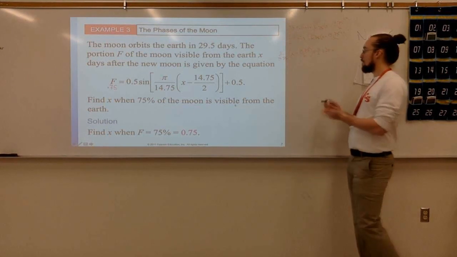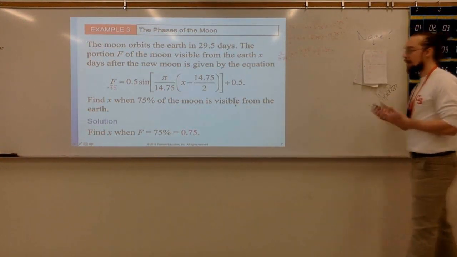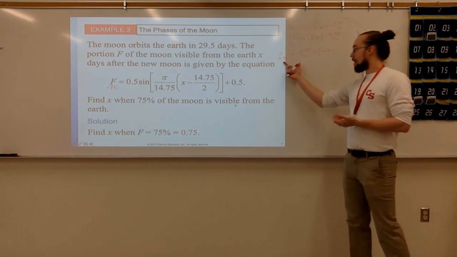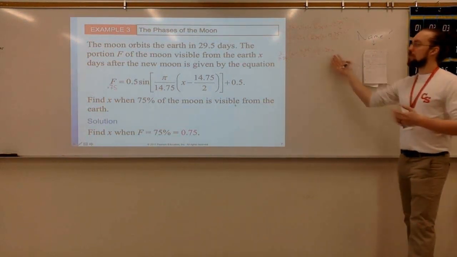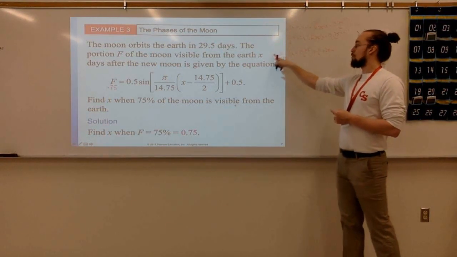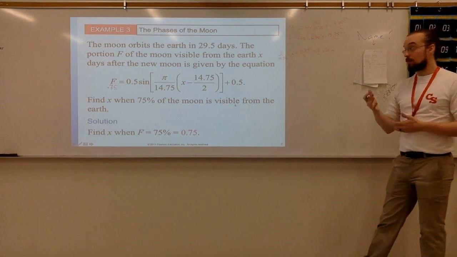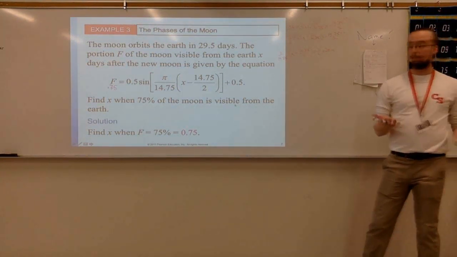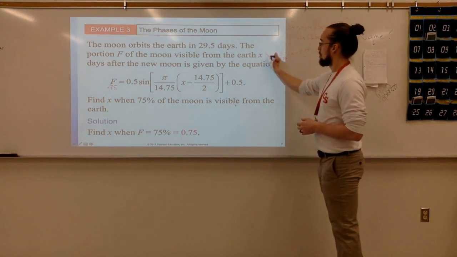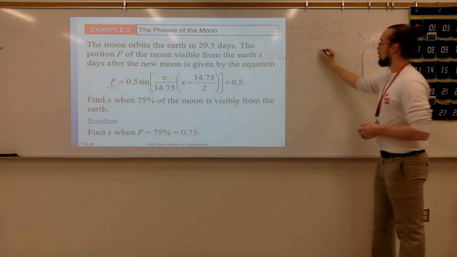Now we can kind of just write this out so that we can plug it into the calculator in a little bit. We don't have to actually multiply each of these values through. So what I would do first to get rid of this pi over 14.75 is multiply both sides by the reciprocal of that. So I'll multiply both sides by 14.75 over pi. That would cancel out over here.